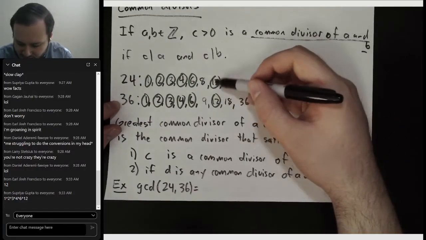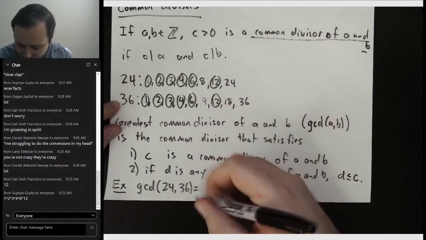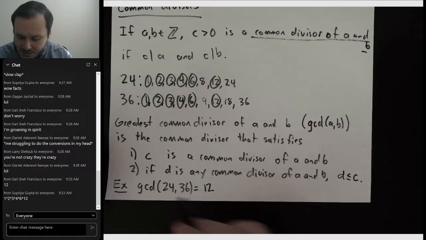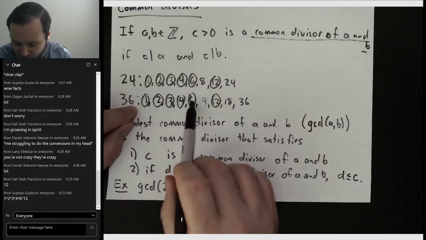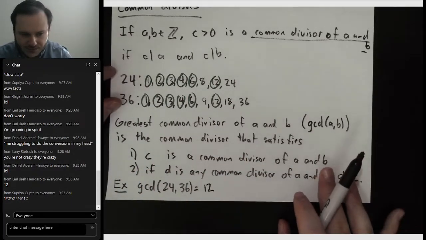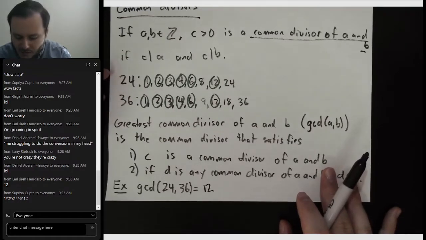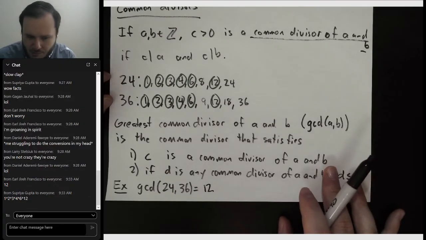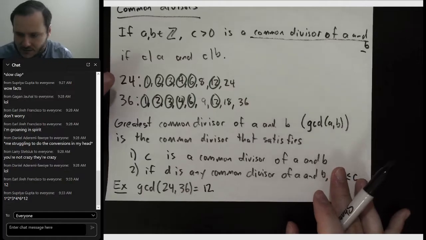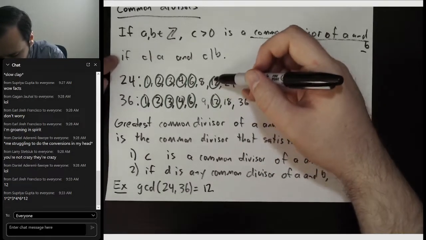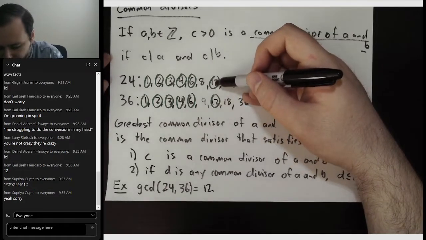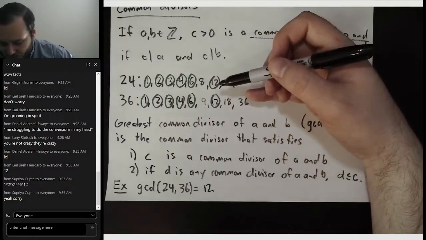The biggest thing that divides both of them is 12. So it's not 1 times 2 times 3 times 4 times 6 times 12. That won't actually divide them. So we're not looking at least common multiple, which I think is what you were thinking of, but wouldn't be that either. But greatest common divisor. The greatest common divisor here is 12. This is the biggest number on my list that divides both of them.